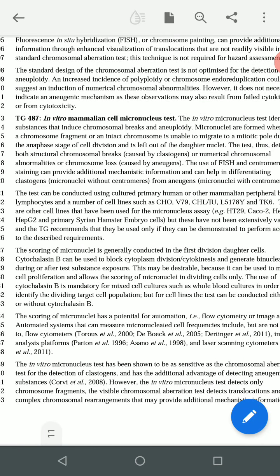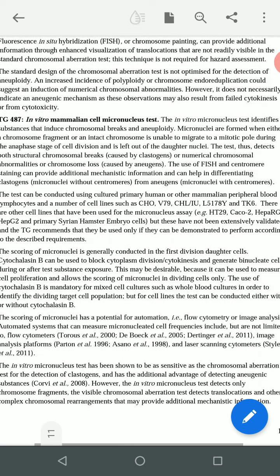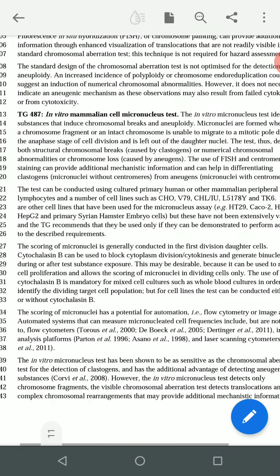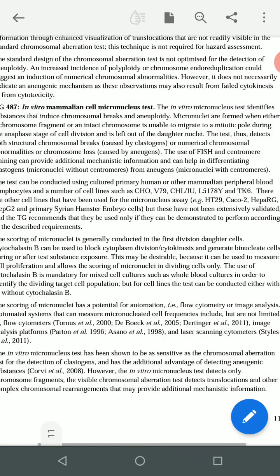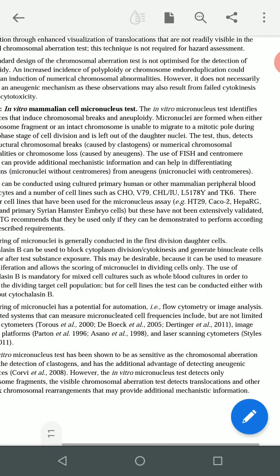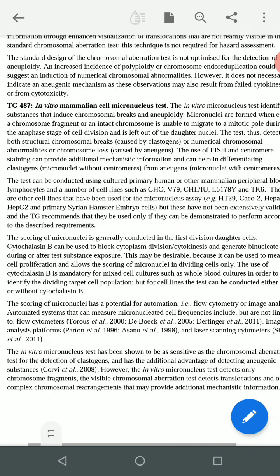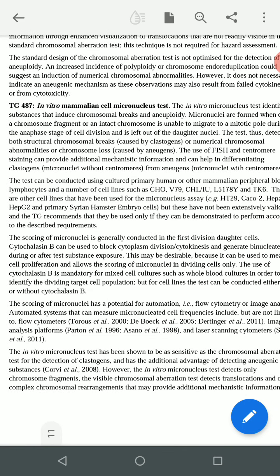Automated systems that can measure micronucleated cell frequencies include but are not limited to flow cytometers, image analysis platforms, and laser scanning cytometers. These are the techniques we need to use for the scoring of the micronuclei.